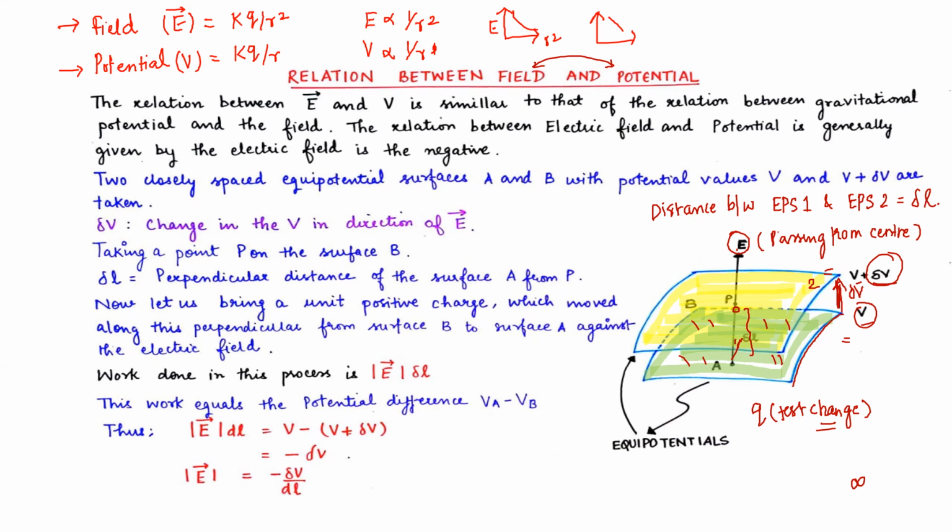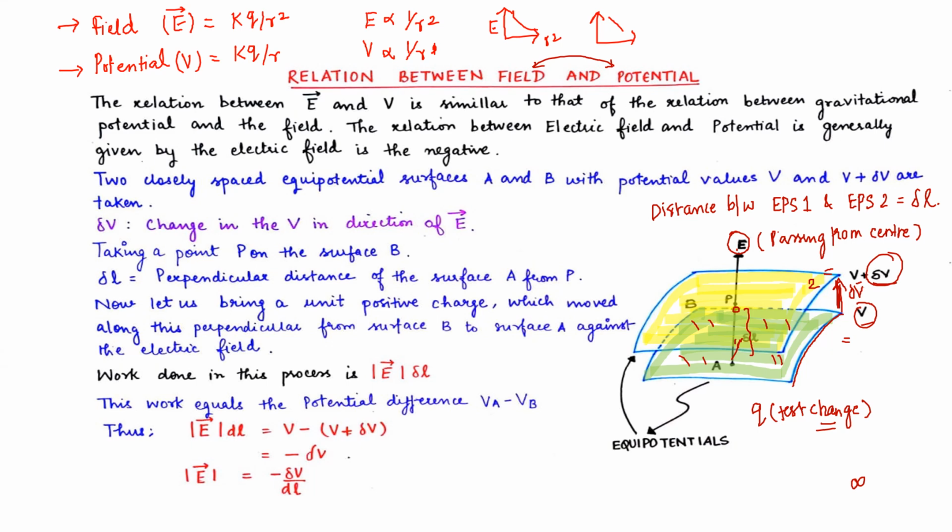So now we know how we are getting electric field, and we know how we are defining potential here. Our main work now is to relate this electric field and this potential which we have so far calculated.